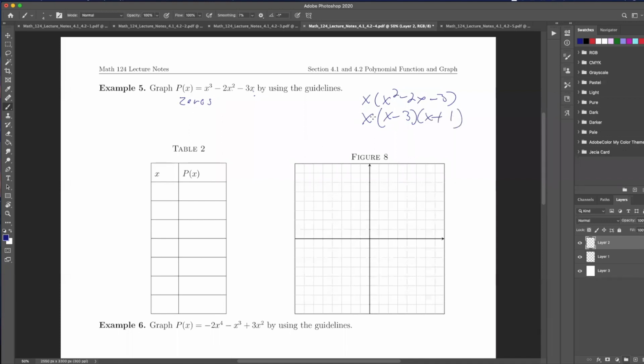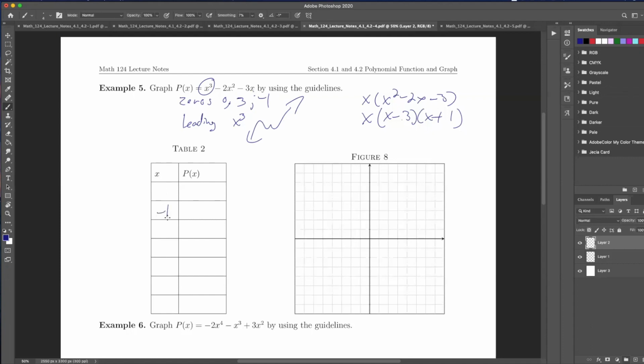My zeros here are 0, positive 3, and negative 1. What's my leading term? My leading term here, again, is x cubed. And so I know it should look like this, vaguely, right? So it should start from down and go up.